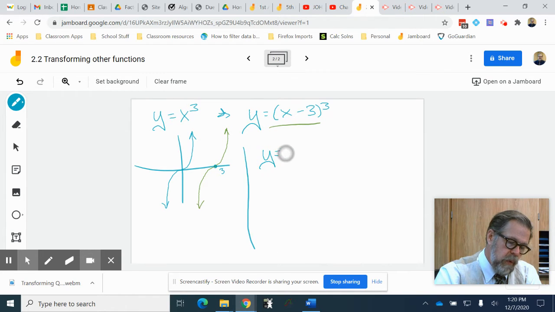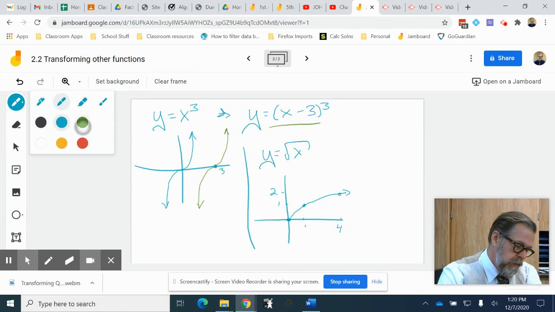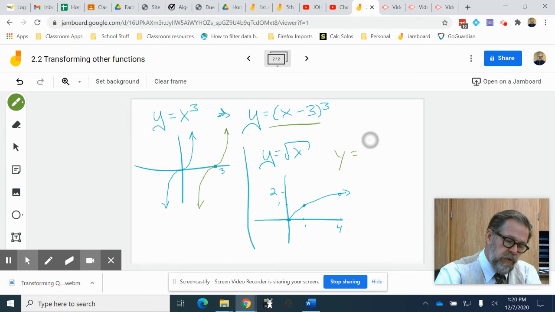Y equals square root of x, and the graph looks like this. There's 1, 1. There's 4, 2. Y equals 1/2 the square root of x. Well, now I've got 1, 1/2 and 4, 1.